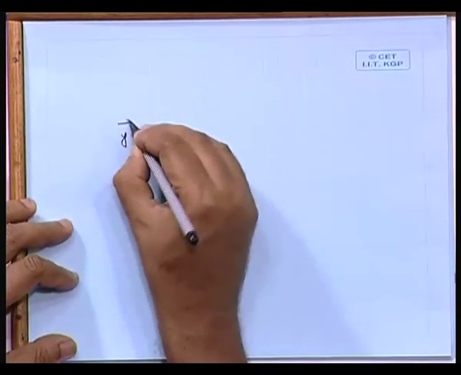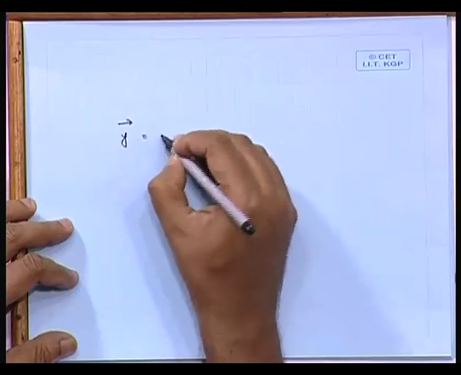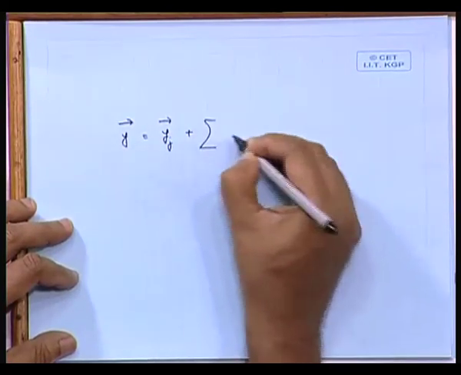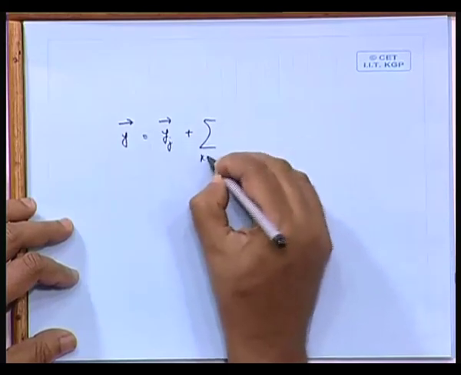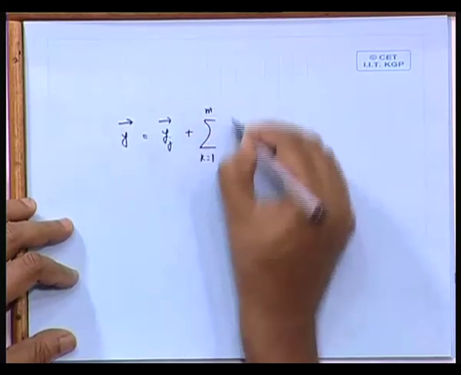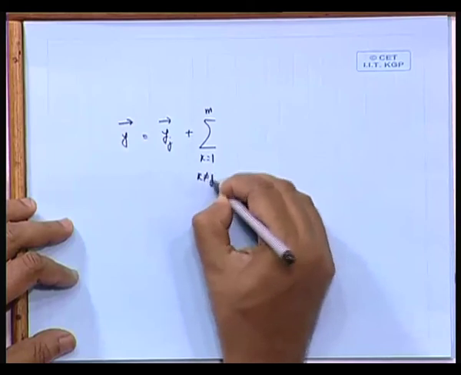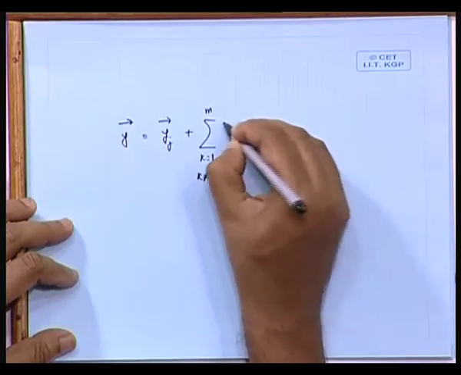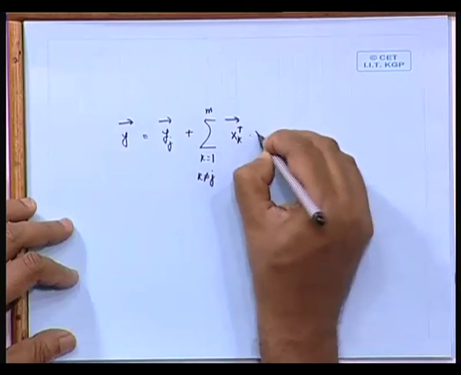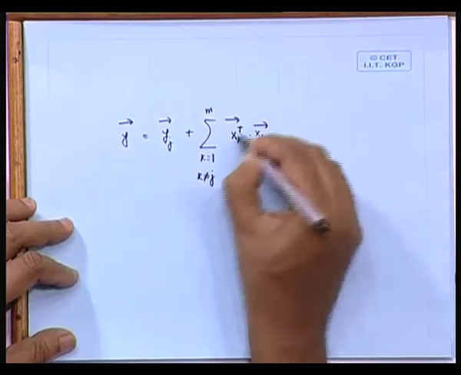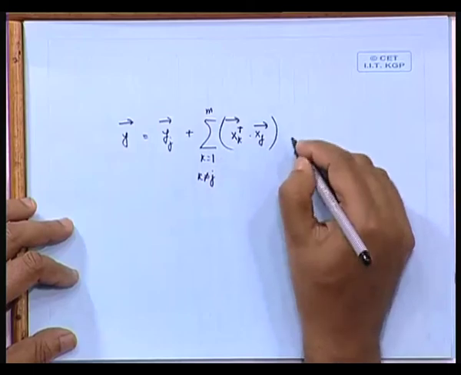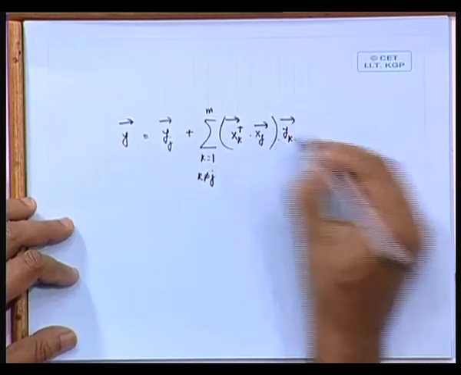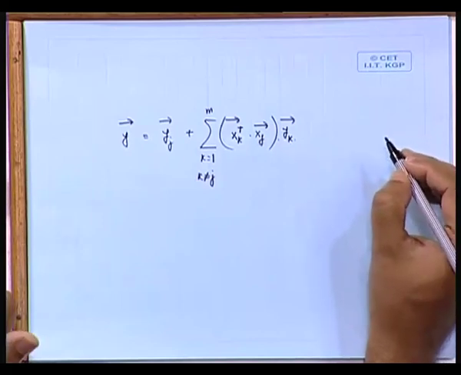We have already obtained that y is equal to yj plus this term, which is for k equal to 1 to m and k not equal to j, xk transpose vector and xj vector, the product of these two, times yk vector. Okay. So, this is the relation.